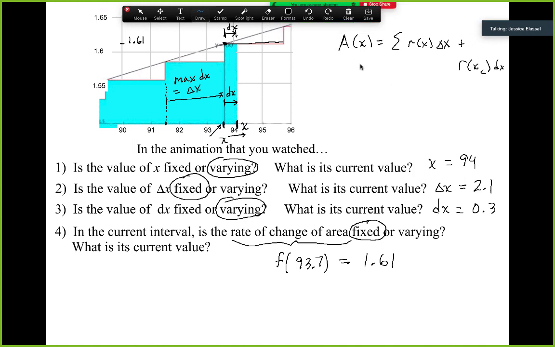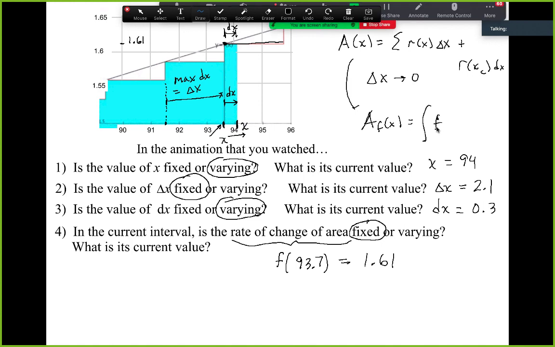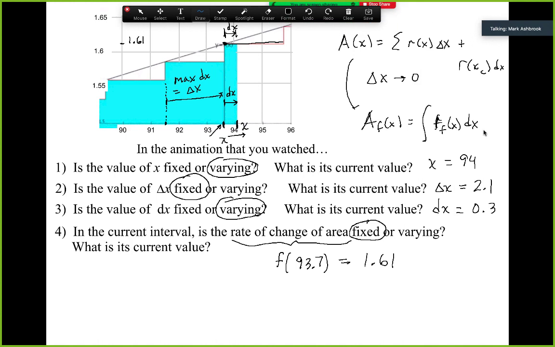And then we said, as delta x gets really small, we get the net accumulation function, which is the integral of the rate dx.